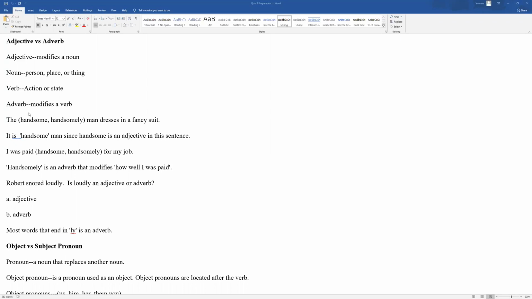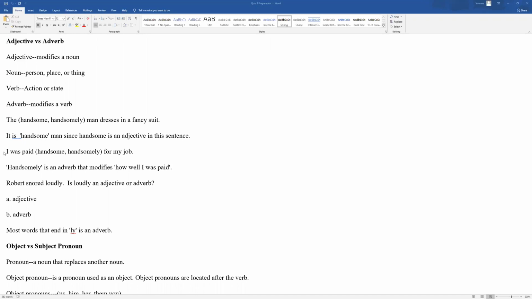So whenever you have the blank in front of the noun, it is an adjective. So the answer to this is handsome because man is a noun and handsome is an adjective.